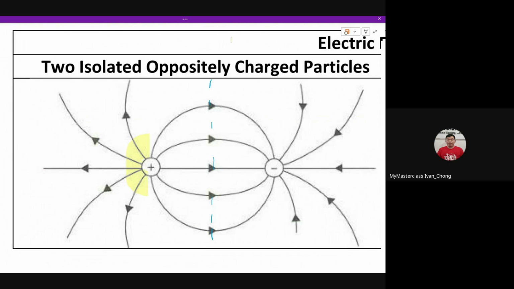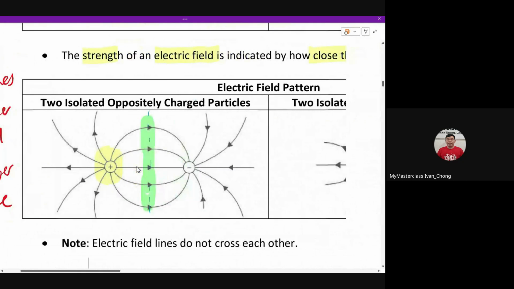But if you compare it to these few lines, the lines are further apart, correct? So the lines nearer to the charge itself will be stronger because remember, electric force is non-contact. As your distance from your charge increases, your electric force will get weaker. So just take note, the further you are, the weaker it is, the closer you are, the stronger it will be. Okay, so do take note.